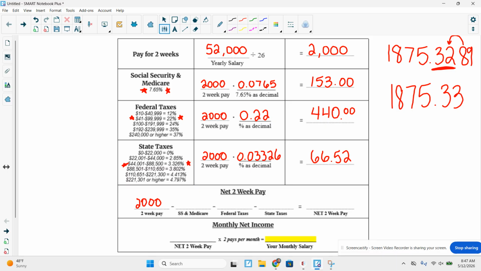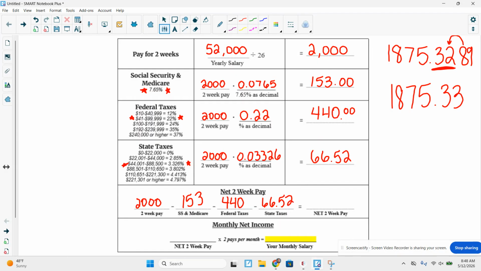You put them on the line that tells you what it goes with. So my Social Security and Medicare is 153. I put that right there. My federal taxes is 440. I put that right there. My state taxes is 66.52. I put that right there.